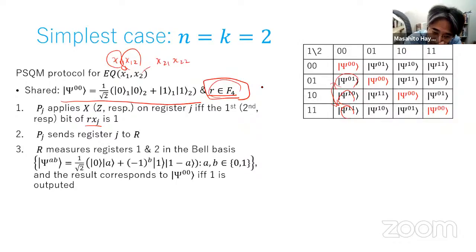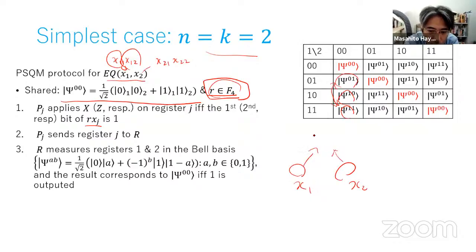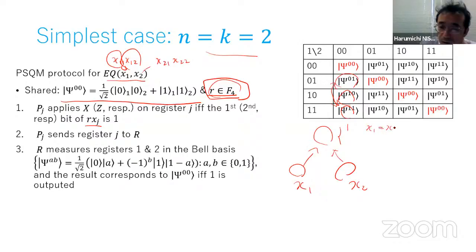I cannot remember what the task is in that simple case. This simple case is the task of computing the function equation: x1 equal to x2 gives 1, and x1 not equal to x2 gives 0. This is the task.